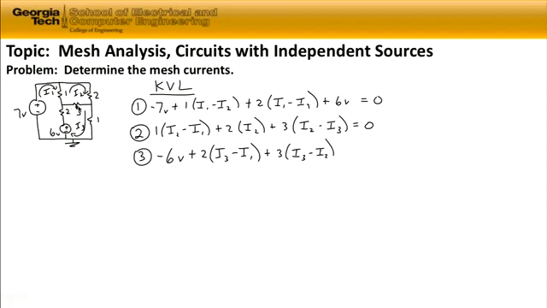And our last voltage drop is the 1 ohm resistor on the right-hand side. It's going to be 1 ohm times I3. That's equal to 0. So now we have three independent equations and three unknowns. If we solve for I1, I2, and I3, we get an I1 equal to 3 amps, an I2 equal to 2 amps, and an I3 equal to 3 amps.